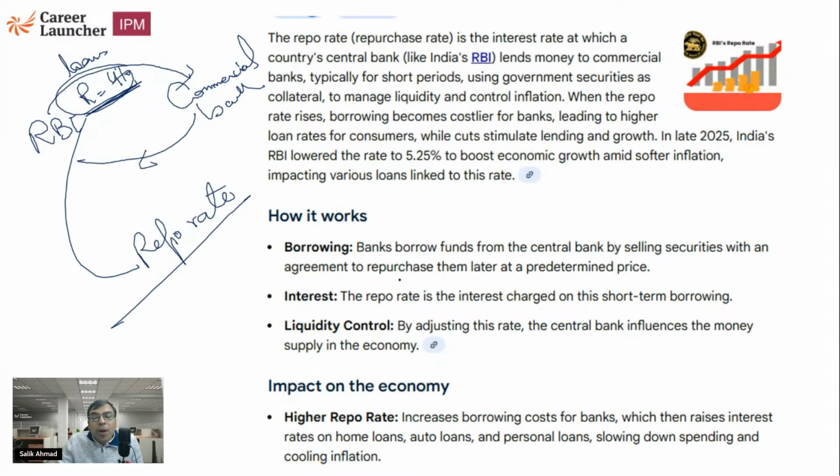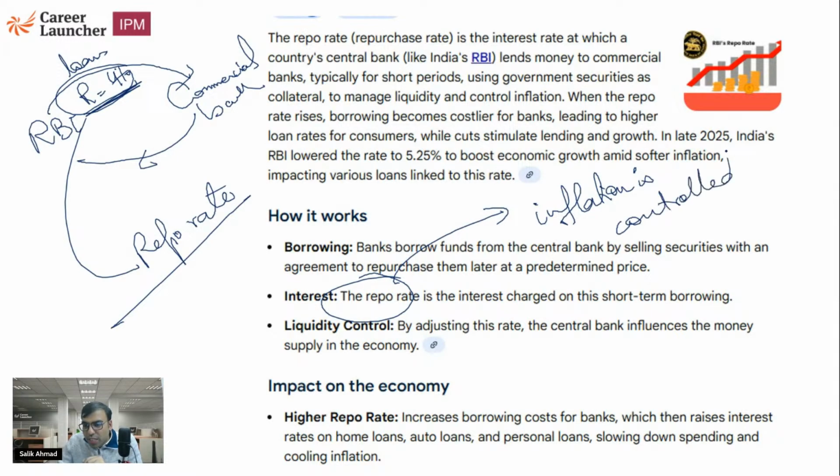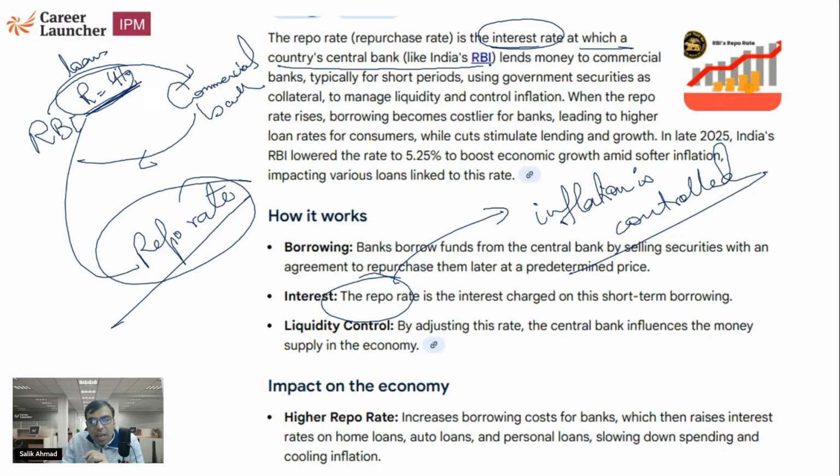Now why is it important? Because with the help of this, by increasing and decreasing the repo rate, inflation is controlled in the economy. I'm not explaining how because वो काफी लंबा चौड़ा हो जाएगा. That cannot be taught in one class. But just have an idea. The money supply in the economy is controlled by changing the repo rate. Okay. So it is the interest rate at which a country's central bank lends money to commercial banks, typically for short periods.